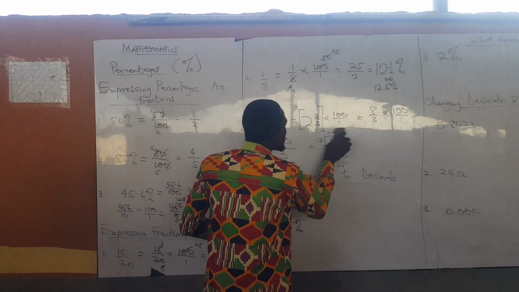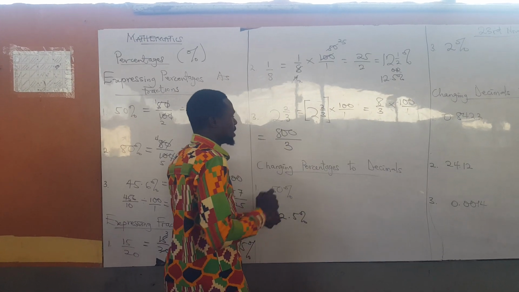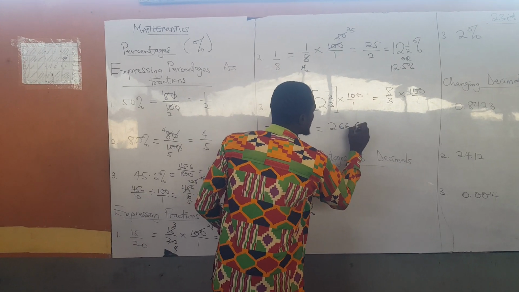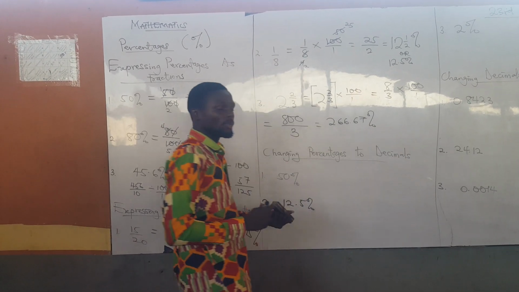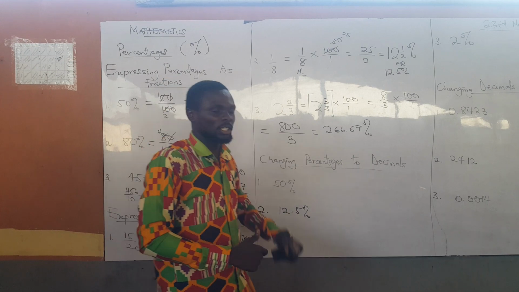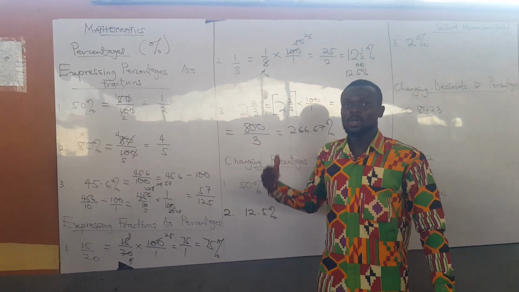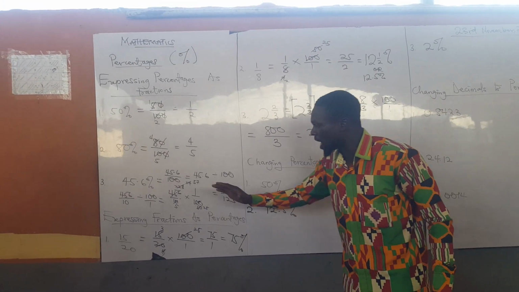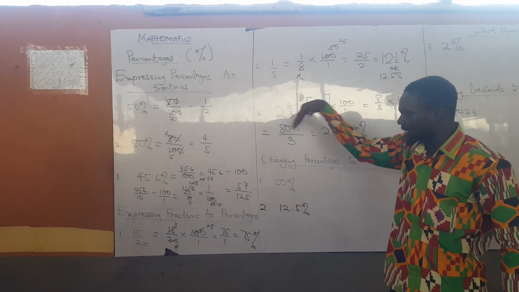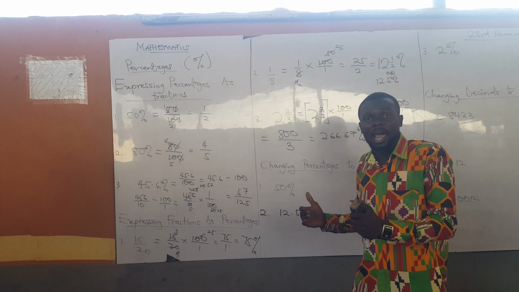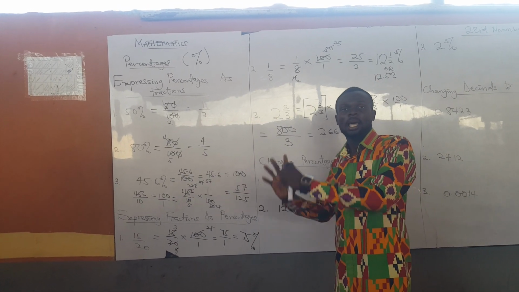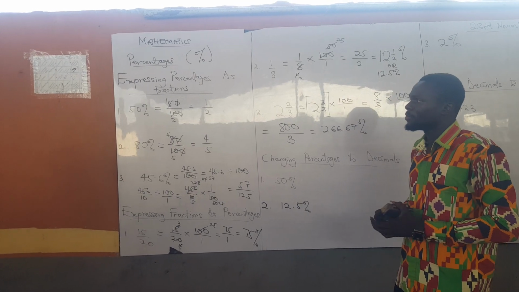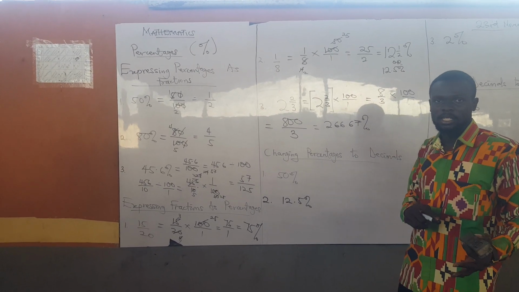So the answer for this is going to give us 266.67%. Remember, we need the percent sign to show that we are working in percentages. So to express a fraction as a percentage, you just multiply the fraction by 100. That is it for fractions and percentages.